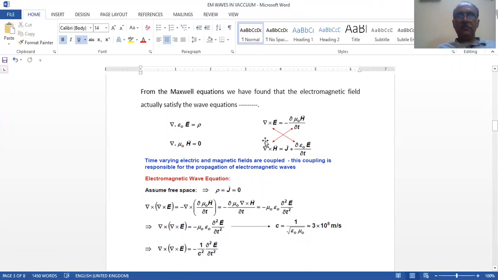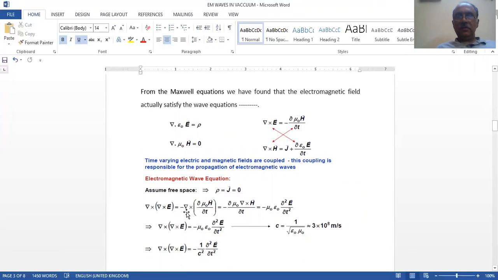Now going over to the curl equations, we take the curl of Faraday's law. So curl of curl of E gives minus curl of del upon del t of mu 0 H. Here, this is the space derivative operator and this is the partial time derivative operator. You can interchange the two operators.